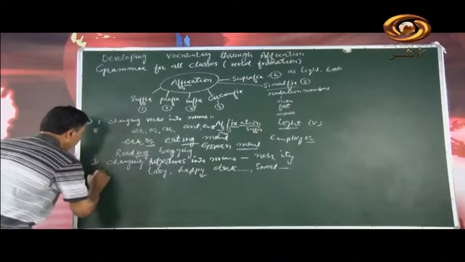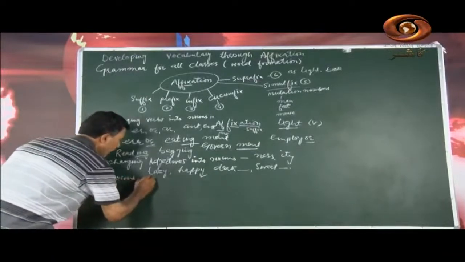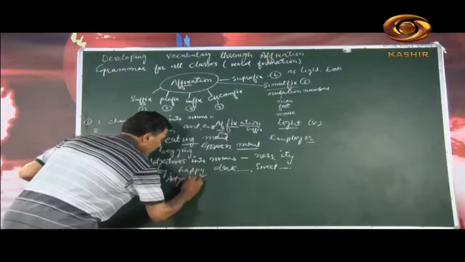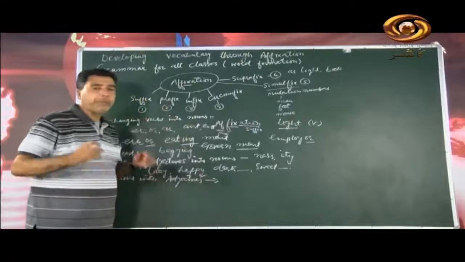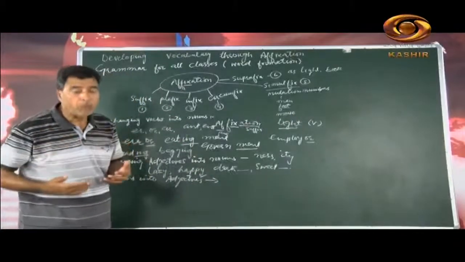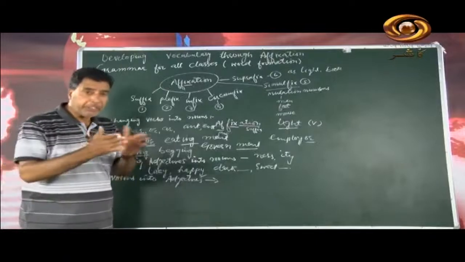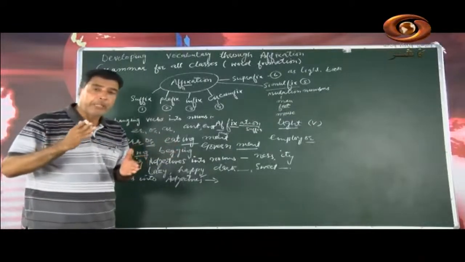For example, let me write nouns into adjectives. I have already told you that we can form words from one part of speech to another by changing their suffixes sometimes and prefixes sometimes.